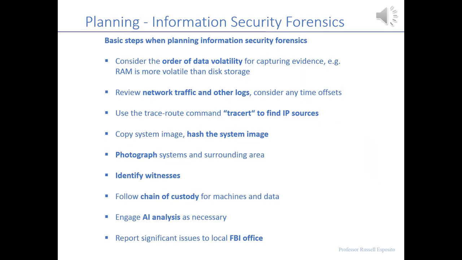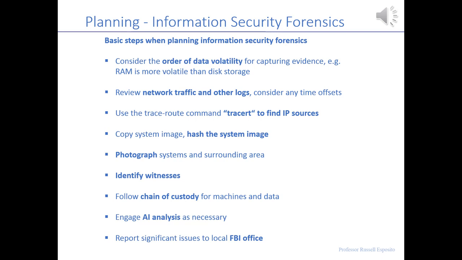This is just one slide about security forensics. If there's a crime, or there's some concern that a crime has occurred, or there's knowledge that a crime has occurred, these are the steps, these are the things you want to consider. We have another lesson just on forensics, but real quickly, the order of data volatility. For example, data that's in the RAM would be lost if you shut a computer off.